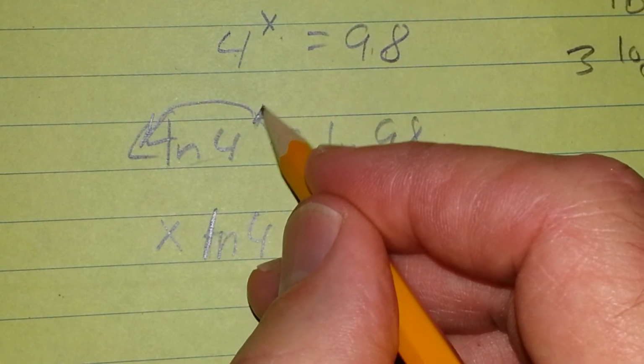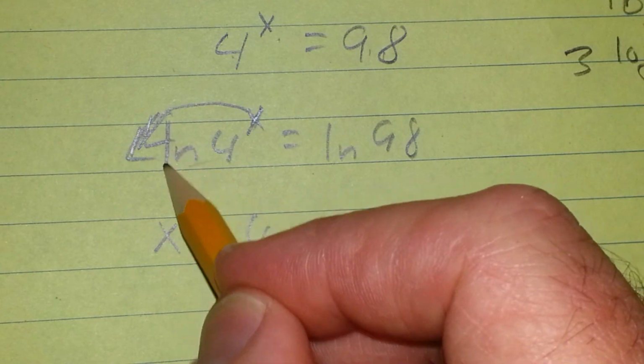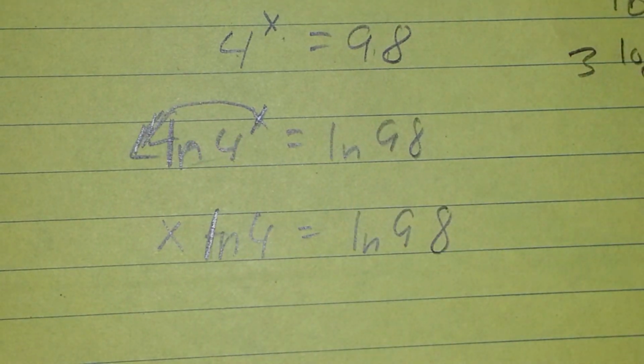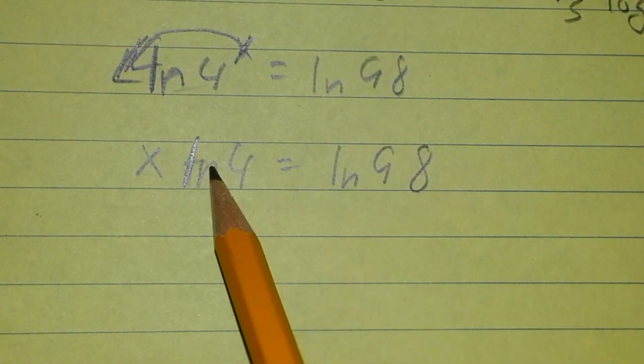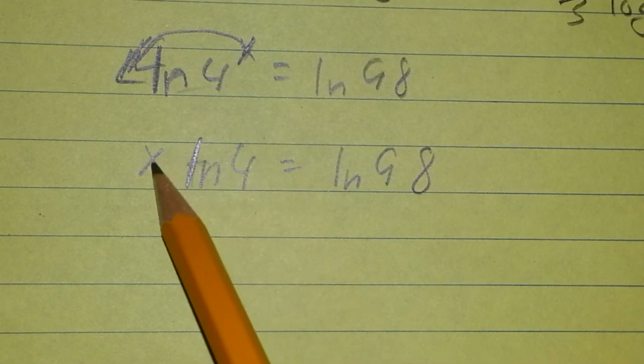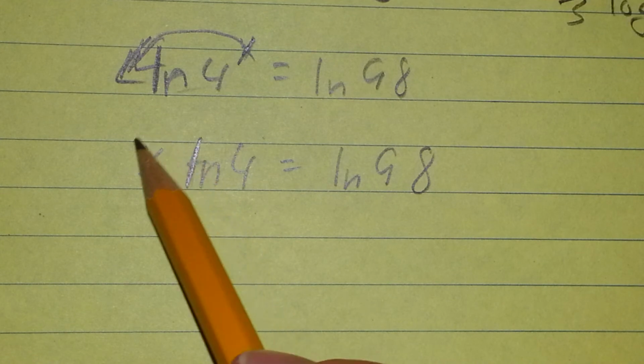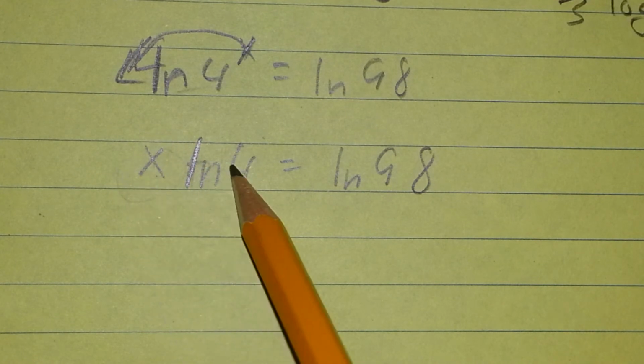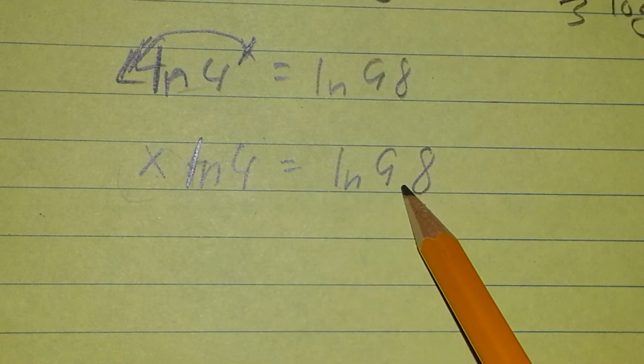Make sure you see that. Now when I took the log, x came out in front and it's no longer an exponent, so we can get x by itself, because this is x times the log of 4 equals the natural log of 98.